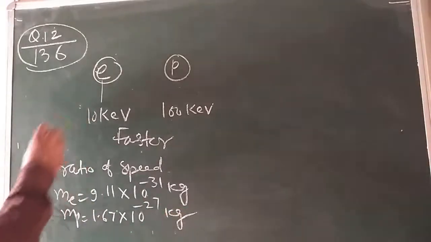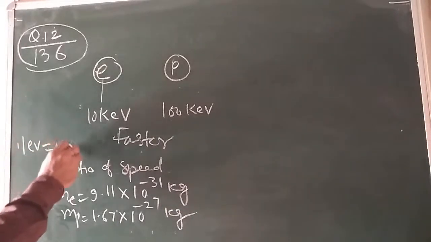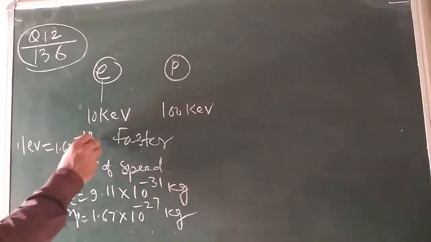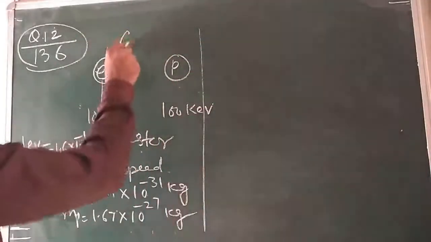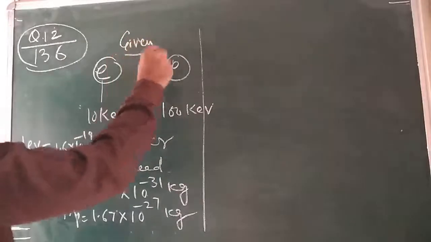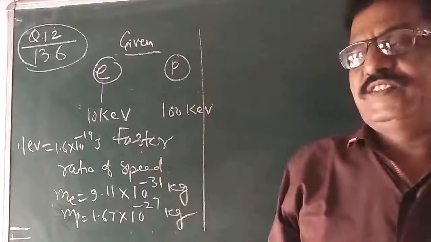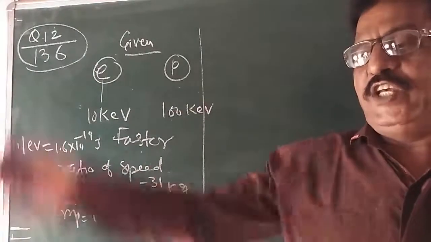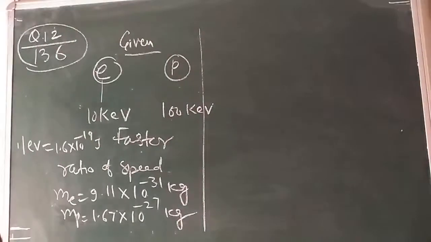And 1 electron volt is 1.6 into 10 to the power minus 19 joule. These are the things given here. Now think what we have to do. See your page of formulas again and think which formula is better.